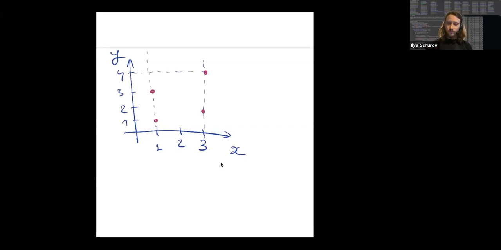Can you guess probably the equation of the best fit line?